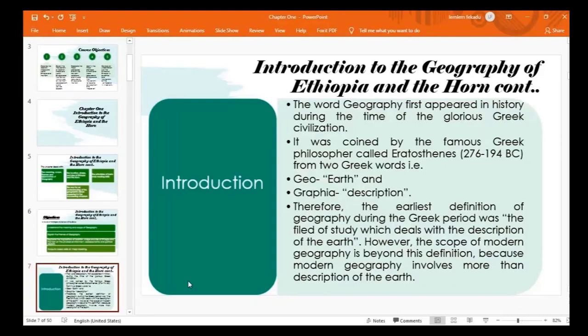So the earliest definition of geography was the field of study which deals with the description of the earth. However, the scope of modern geography is beyond the description of the earth. This is because geography deals with a wider area of phenomena on the Earth's surface.